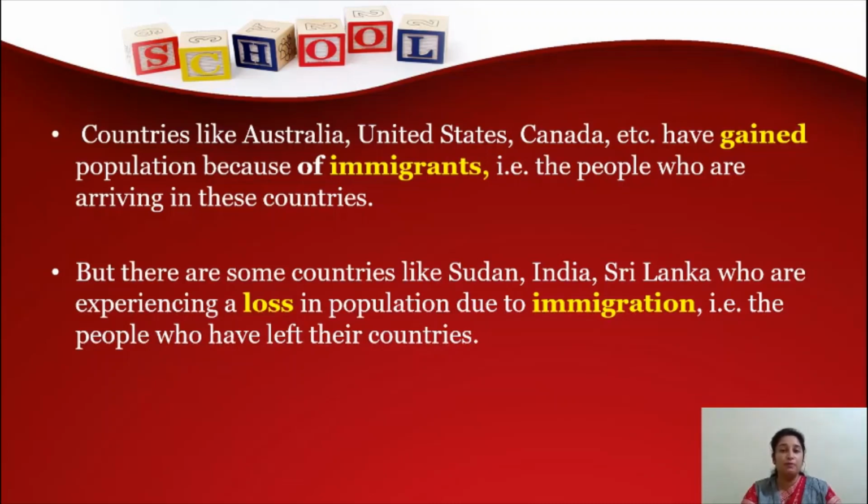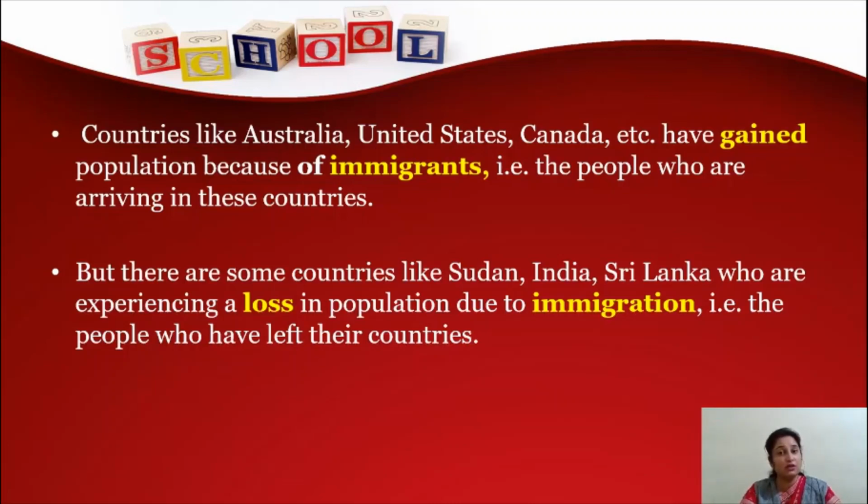Because people from other countries are coming to settle down in these developed countries. Now, what are these people known as? These people are known as immigrants in those countries where they are going to stay. Okay. Now, the second condition is that in some countries the population is going down.